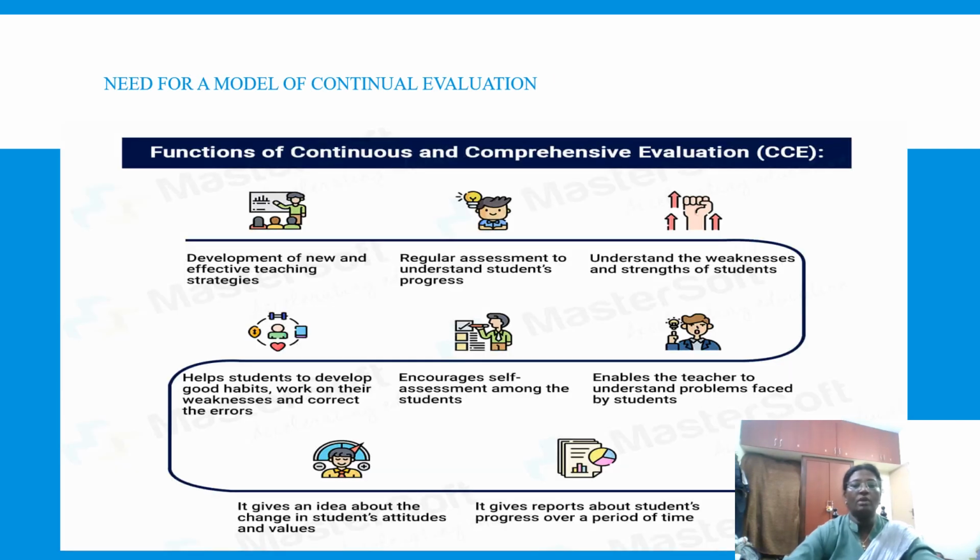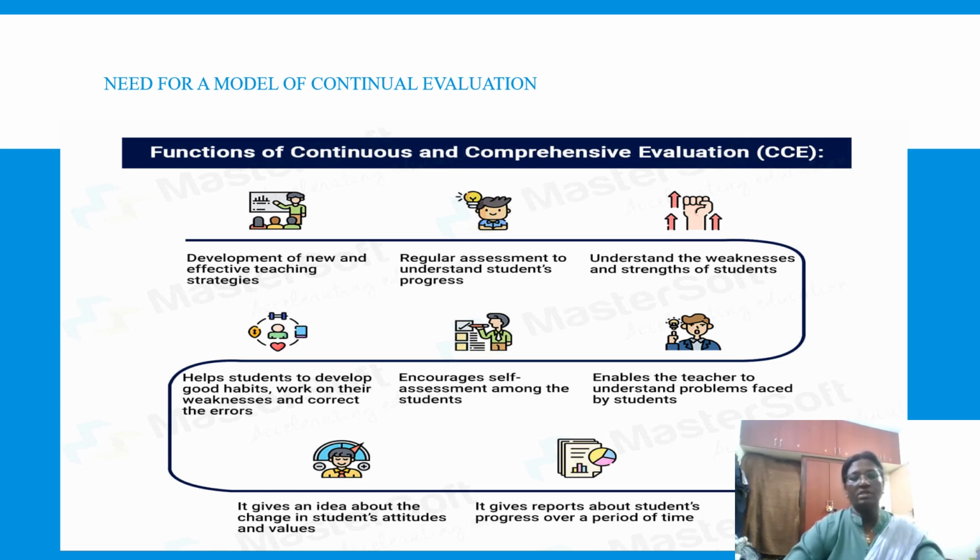And for the model of continual evaluation, this is one of the models given for continuous evaluation. This is the development of new and effective teaching strategies. When we are teaching, through teaching strategy, there are different types of strategies. One teaching strategy is applicable, and we apply it to the students. One teaching strategy is blackboard teaching, and regular assessment to understand the students' progress.